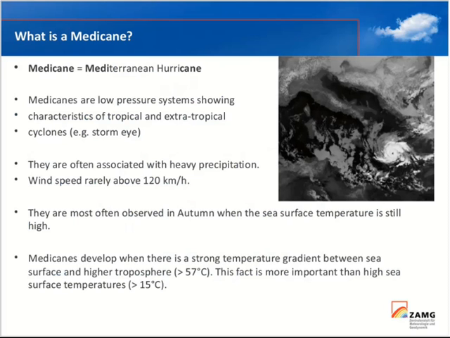Is it a hurricane or is it a cyclone? It's a little bit of both. For example, it shows an eye. You can see here, I point on the arrow. This is a quite old Medicane from 1995, and it shows here in the infrared image high cloudiness, and in the center of this Medicane there is an eye.